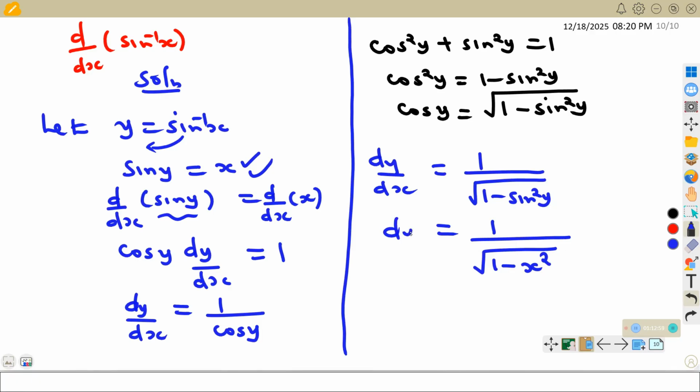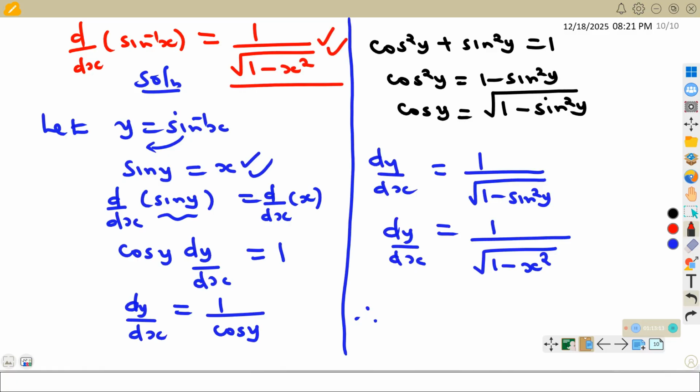So this is dy dx. Therefore, when you differentiate sine inverse of x, you get 1 divided by the square root of 1 minus x squared. Are the procedures very okay?